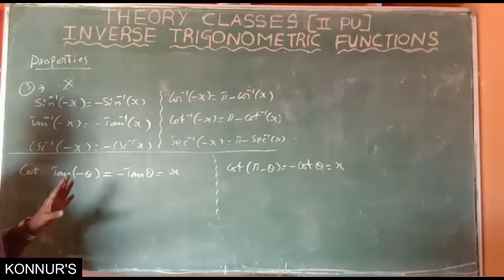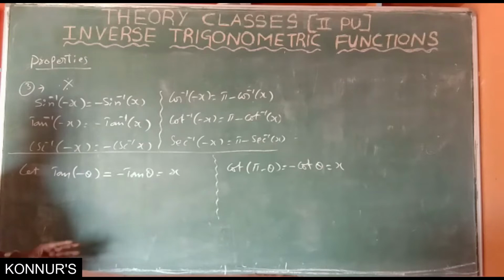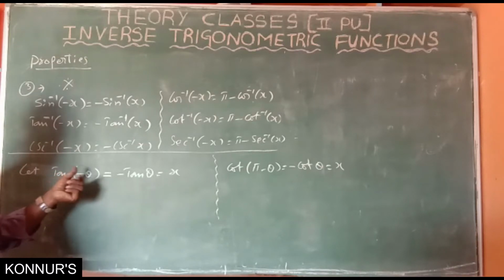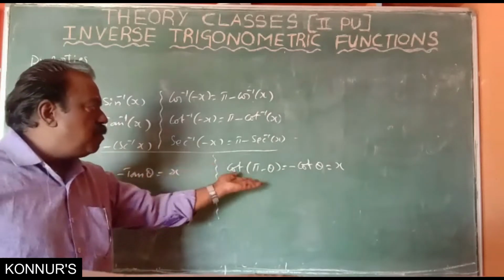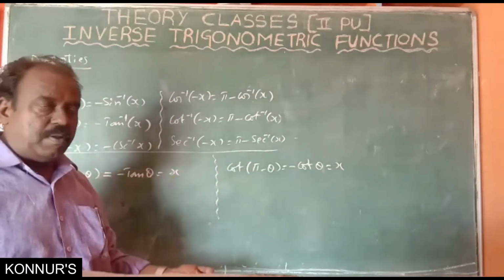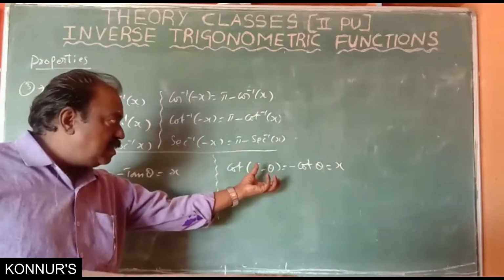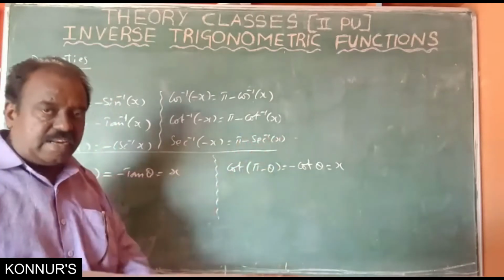You may get one confusion. In the case of tan of minus theta is minus tan theta, yes, okay. Here also cot of minus theta, if you take, what is the problem? Cot of minus theta is equal to minus cot theta is correct.